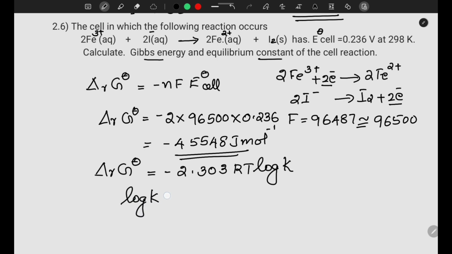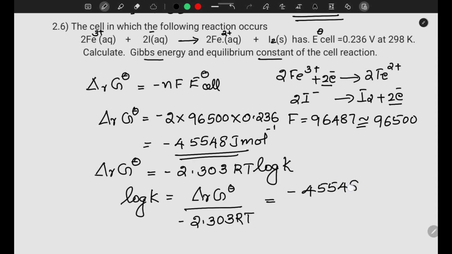So log K is equal to delta G naught divided by minus 2.303 RT. Here delta G value is negative, that is minus 45548 divided by minus 2.303 into R, which is 8.314, and temperature is 298 Kelvin.